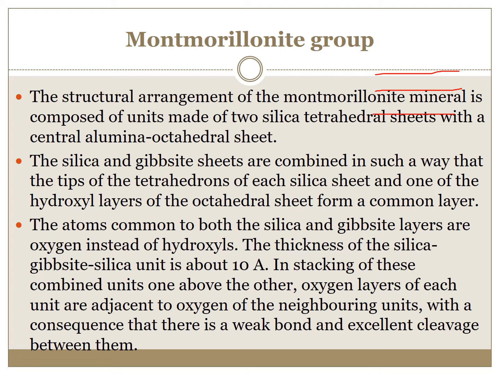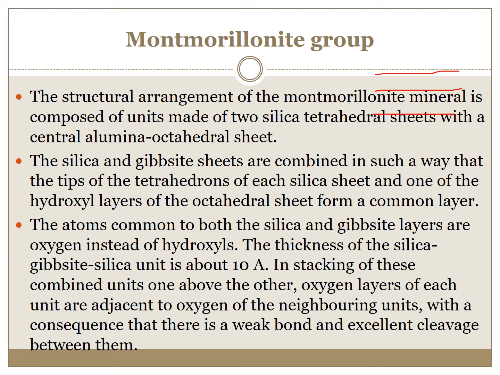So as the bonding between the two silica sheets is weak, water can easily enter and causes swelling. Thus, soil containing a large amount of this mineral swells. Montmorillonite exhibits high shrinkage and swelling characteristics.